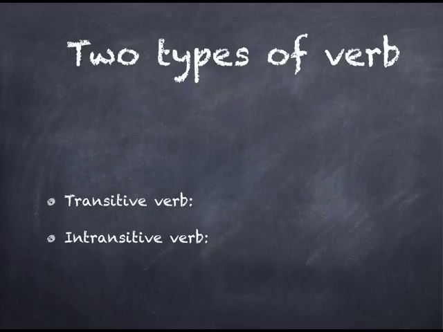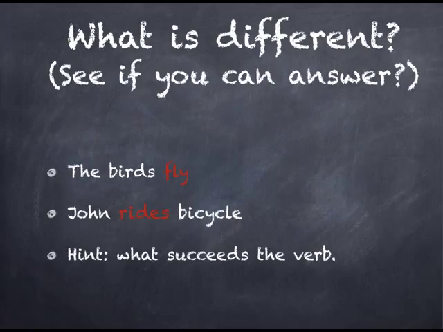We have transitive verb and we have intransitive verb. What are transitive verb and intransitive verb? I will explain in a second, but let's see if you know about them already. See if you can notice a difference between these two sentences. You have a hint. You can look after the verb.